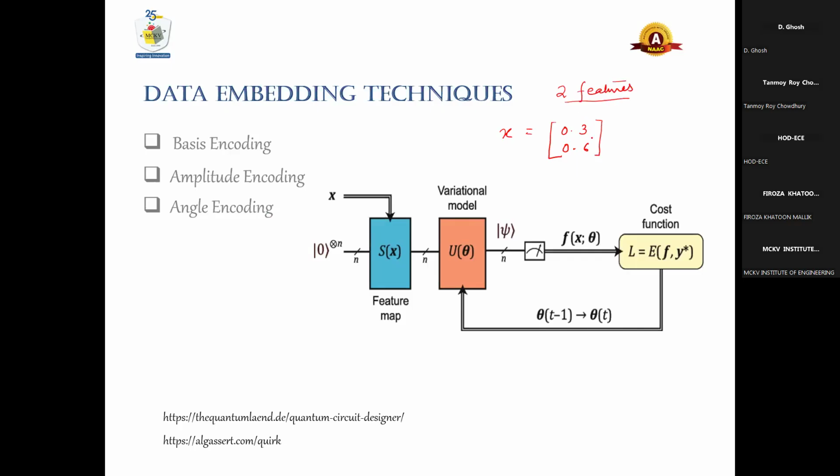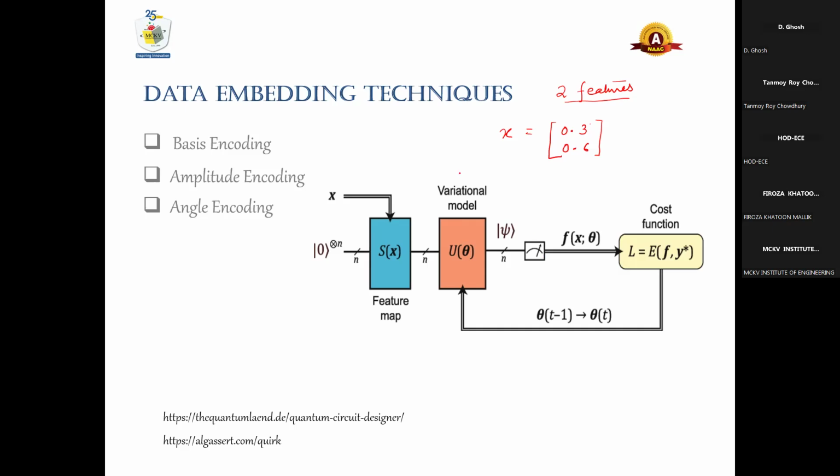The first thing you need to do is normalize the data, using standard normalization or standardization techniques from classical machine learning. When you normalize or standardize the data, you can get them in these ranges. So let us say the first feature is 0.3 and the second is 0.6.